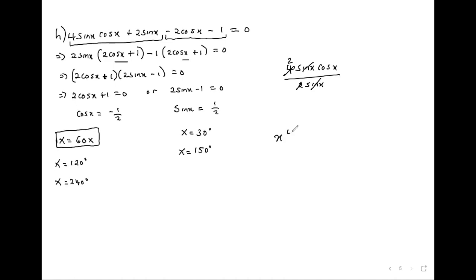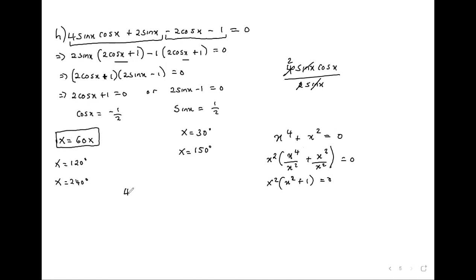If I have x to the 4 plus x squared is equal to 0, and then factorize, how do you factorize? You pull out x squared and then start dividing: x to the 4 over x squared plus x squared over x squared, so that you get x squared plus 1. That is what you call factorizing.